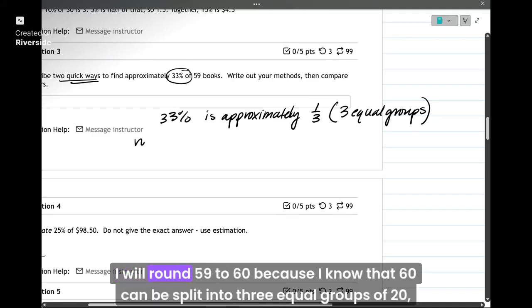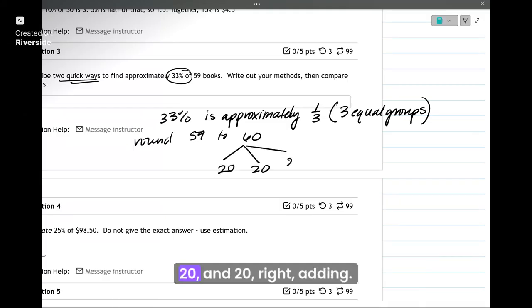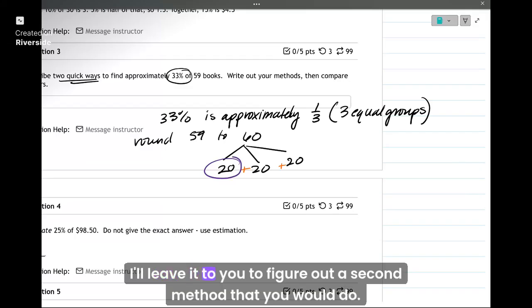I will round 59 to 60 because I know that 60 can be split into 3 equal groups of 20, 20, and 20, right? Adding. Therefore, 1/3 is 20, and that's one method for finding out the result. I'll leave it to you to figure out a second method that you would do.